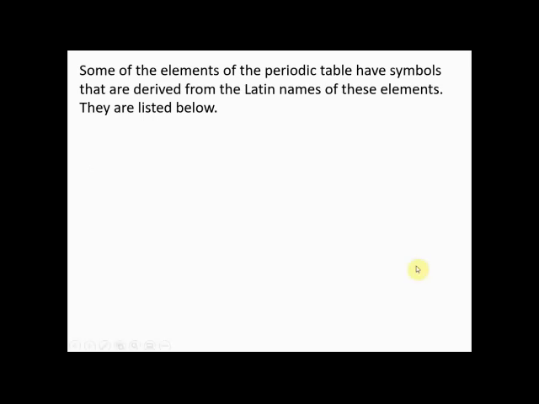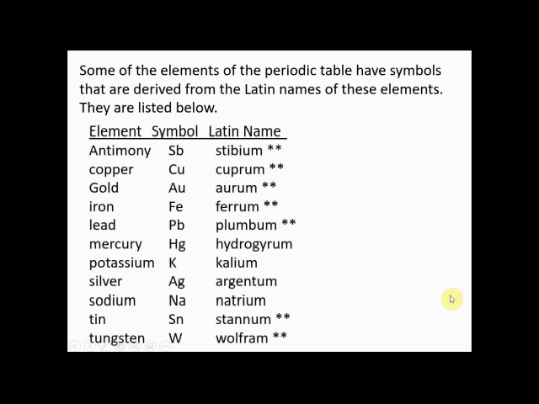That's because those symbols are based on the old Latin names. And here is a list of the Latin names. You will be required to know these, especially the ones with the double stars here. Those particular elements are still used in some of the older texts, and you may encounter them in future years, so you may as well get to know what they are.